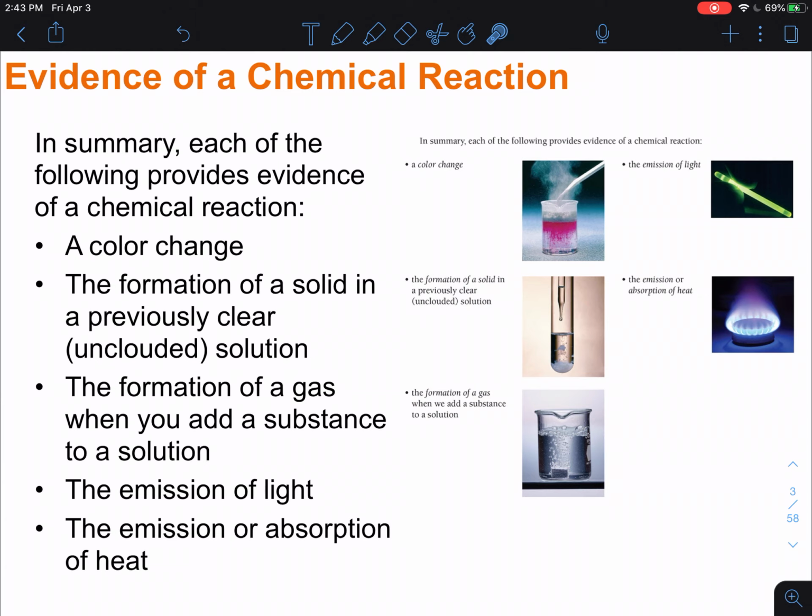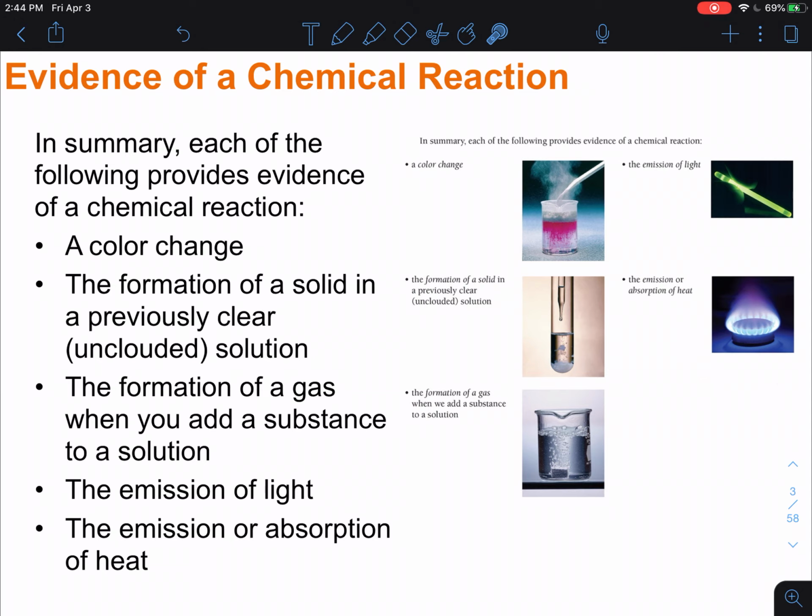It forms, okay, that is a precipitation reaction. It's a specific kind of reaction, but nevertheless, it's still a chemical reaction, so that is also an indicator of a chemical reaction. The formation of a gas is also an indicator. The emission of light, all right, and then also the emission or absorption of heat.